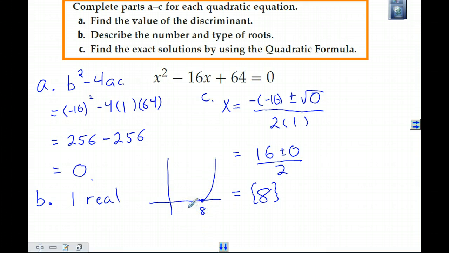What's the vertex? 8, comma, 0. So you notice when you have one solution, your x-intercept is also your vertex. They're the same when you have one solution every time. If we graph this high enough, way up to 64, that's the y-intercept, it's going to eventually cross right at 64.